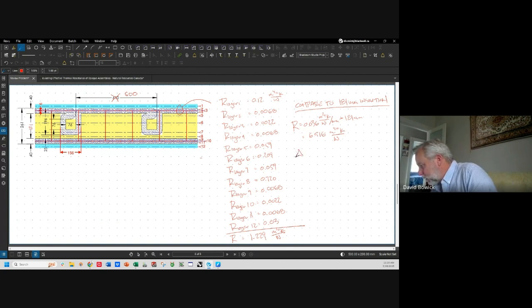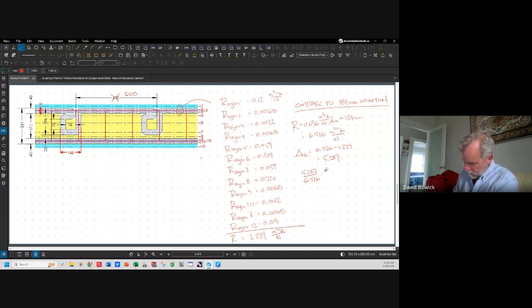The difference between the two, delta R, equals 6.516 minus 1.229, which equals 5.287. 5.287 divided by 6.516 equals 0.81, or 81%.